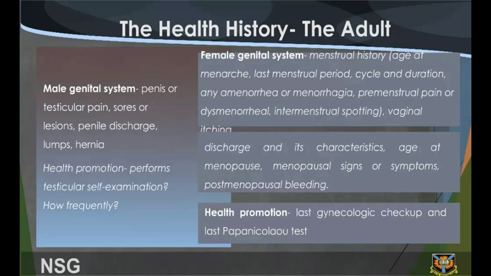How frequently? Female genital system: menstrual history, age at menarche, last menstrual period, cycle and duration, any amenorrhea or menorrhagia, premenstrual pain or dysmenorrhea, intermenstrual spotting, vaginal itching, discharge and its characteristics, age at menopause, menopausal signs or symptoms, postmenopausal bleeding.